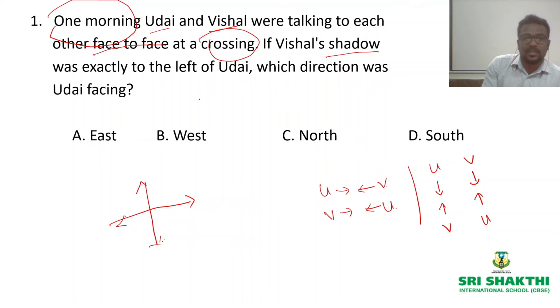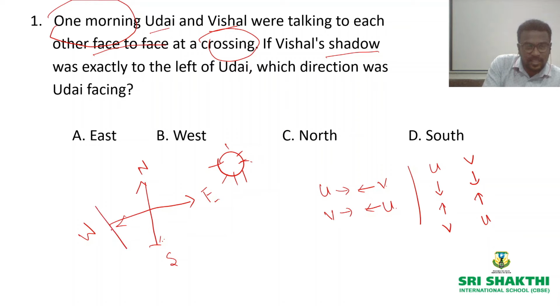Usually the sun provides the shadow, and in the morning the sun rises in the east. We are all aware that this is the north direction, this is south, this is west, and this is east. If the sun is here in the east direction, think that the shadow will fall on the west direction.